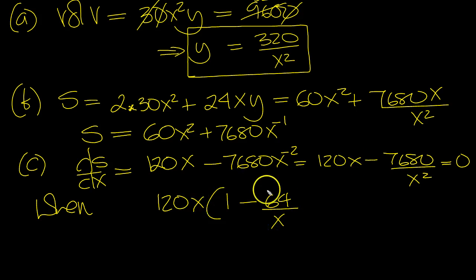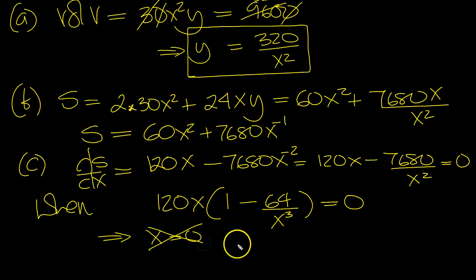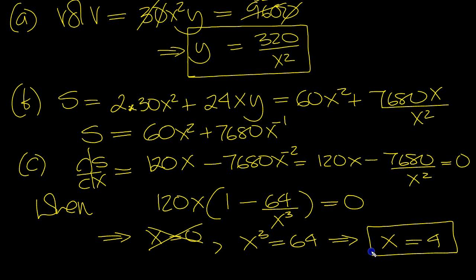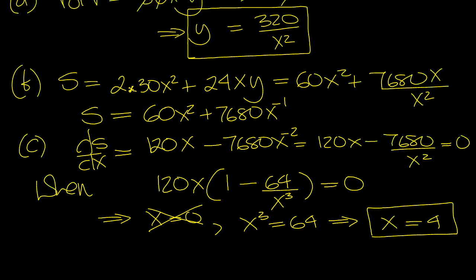Now we took out an x, so I'm going to put an x here and an x underneath in the bracket. So that tells us that either x equals 0, which is no solution as far as this is concerned, or x cubed is equal to 64, isn't it? Cube root x equals 4, because we only want the positive solution. So x is 4 then.